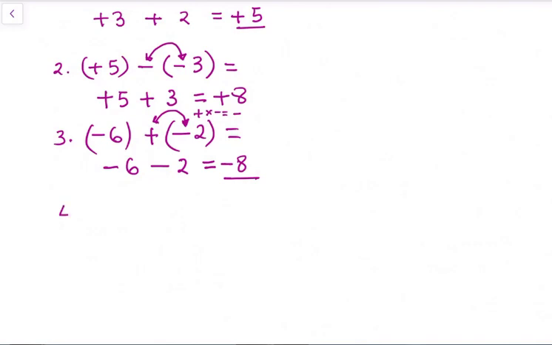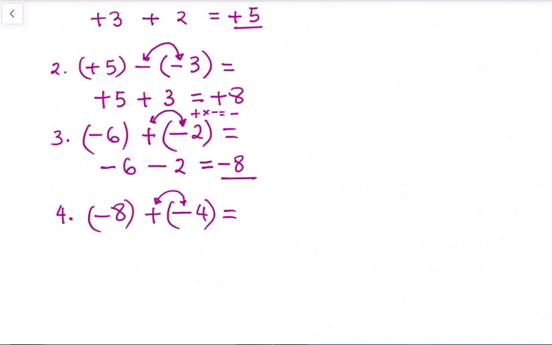So we'll go to the fourth example. That is minus 8 plus minus 4. What would this be? So we have minus 8 here and plus minus. Again, we want to consider these two signs before we move forward.